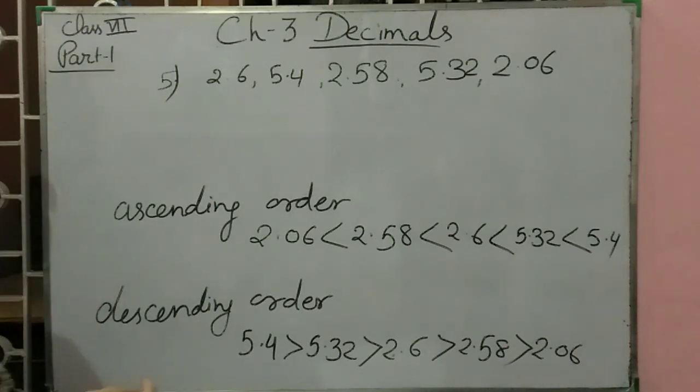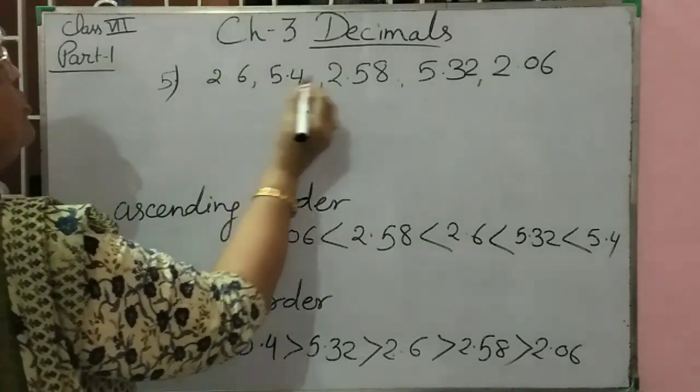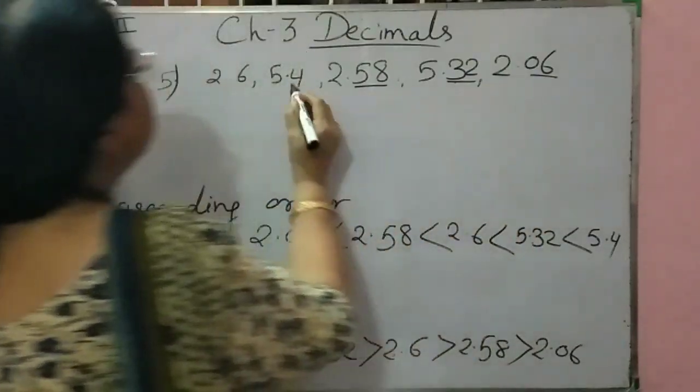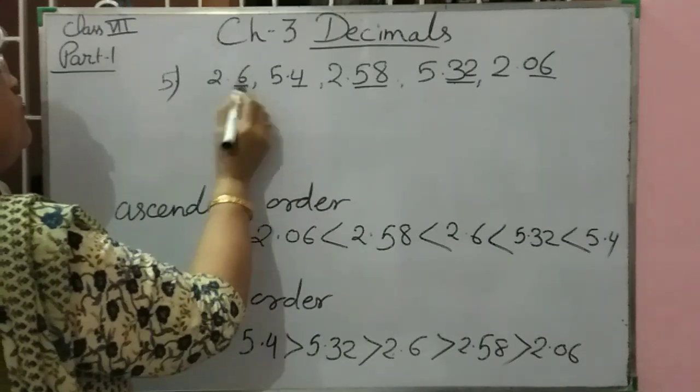One more method. Firstly, convert into like decimals. You know here are 2 digits, here 2 and here 2. But here is only after decimal you have 1 digit and here is also 1 digit.